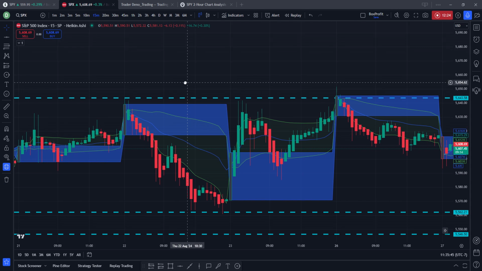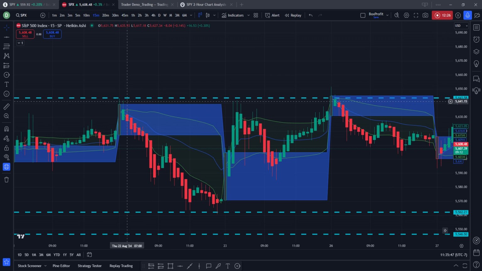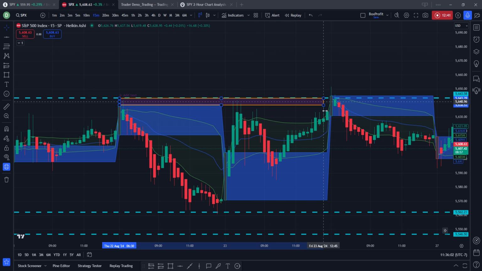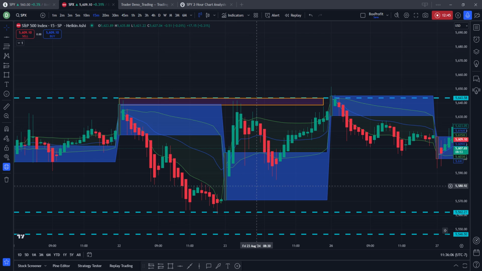At August 22nd, what I would do is get the tallest wick of the higher high, which in this case is the first candle. I draw a line between that wick and the body of the candle, just touching slightly the body of the candle. And when I do that, that tells me the zone that the price should respect.